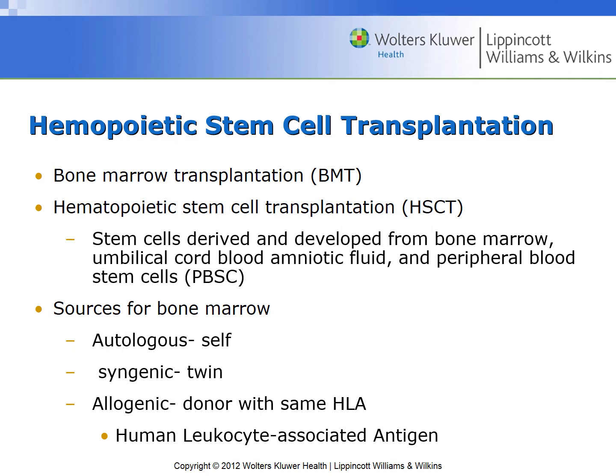So you can see that these are a lot of the same things we look at for blood transfusions, but just a bit tighter, a little more extreme, I guess, with instead of just the blood typing, we're also looking at the human leukocyte-associated antigen.